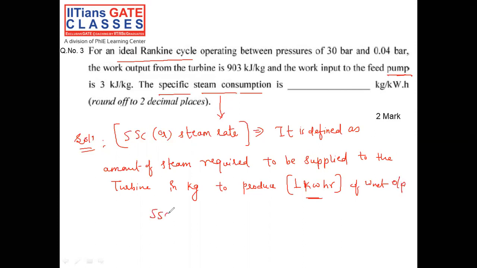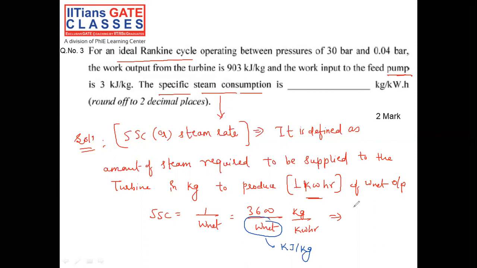And the formula is 1 upon W net. Now, in kilogram per kilowatt hour, you will get 3600 divided by net work. The precaution for applying this formula is that the net work should be in kilojoule per kg.